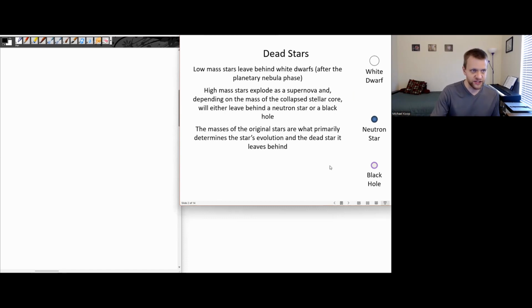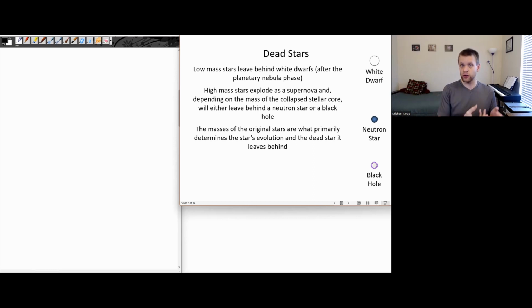And again, it's important to remember that the primary thing that determines the properties of a star and how that star is going to evolve was the starting mass of the star. Low mass stars follow a certain trajectory and lead to a certain kind of object. High mass stars evolve differently.